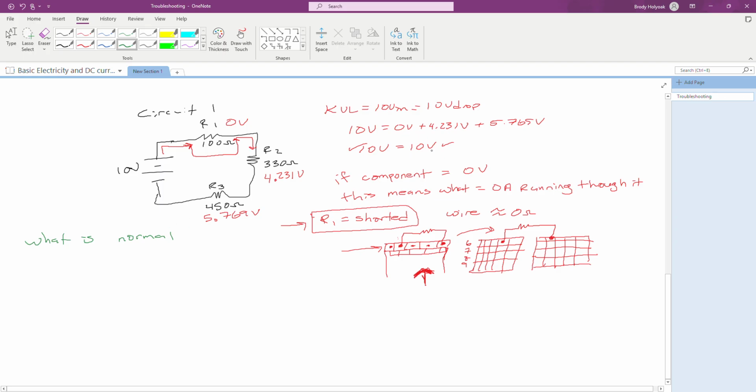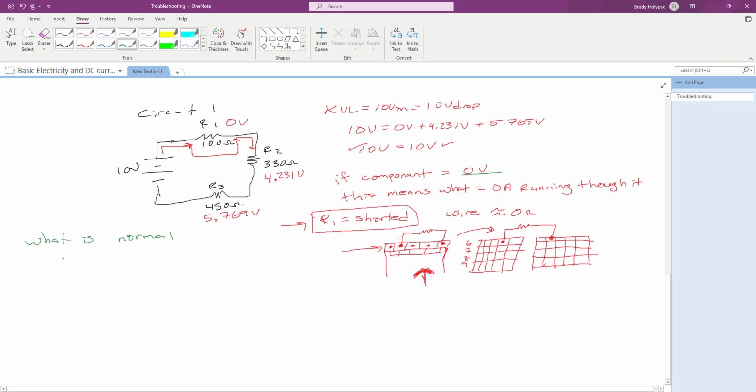And I could have even done it to this one too, but like I said, with one component reading 0, it's pretty easy to determine what's wrong with it. So what is normal? Okay, so if I go through and look, I know that in my list, circuit 2 has values across each of the resistors, and then circuit 3's got zeros for resistor 1 and 2 and a 10 for 3.